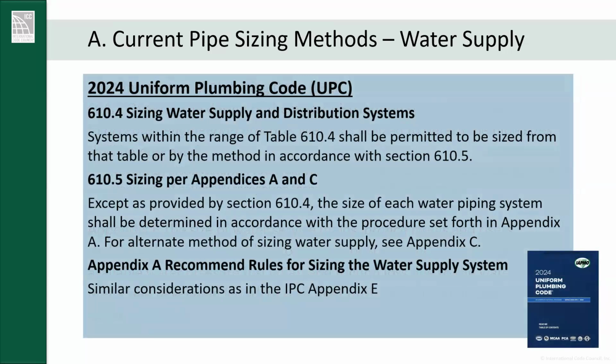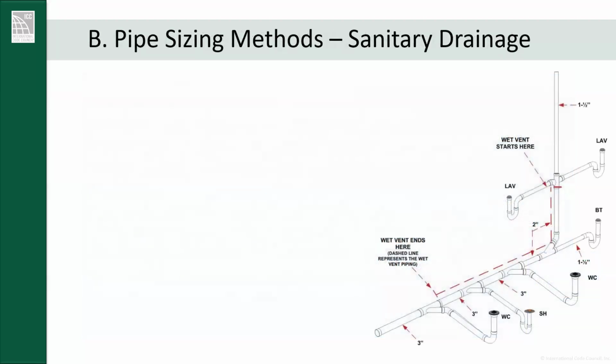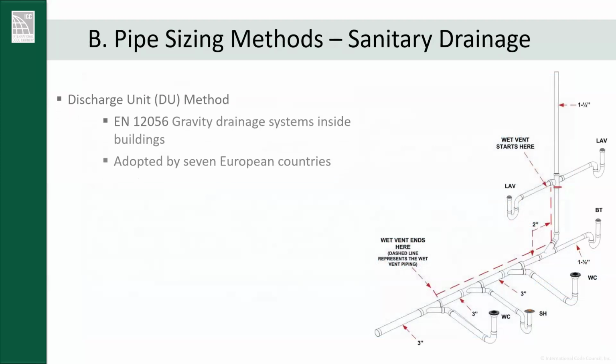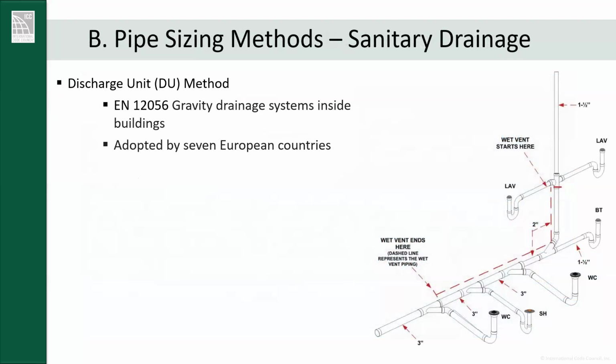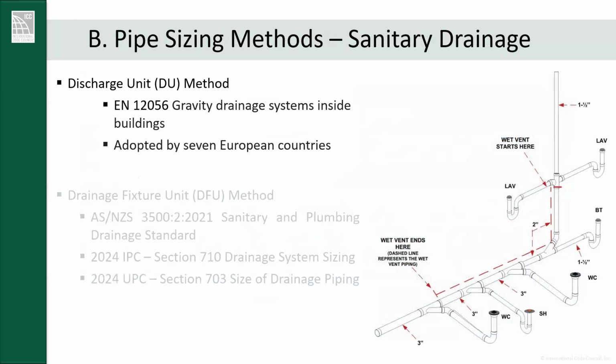And this is one from the UPC. This is the pipe sizing methods for the sanitary drain systems. This EN 12056 is one that's adopted by many, or it says 7 European countries.